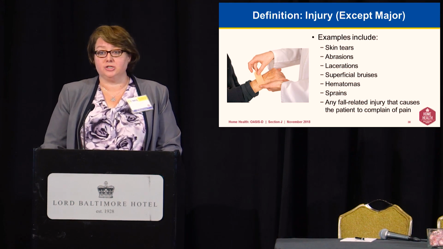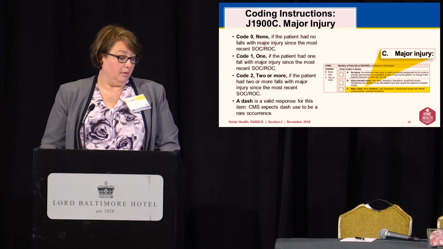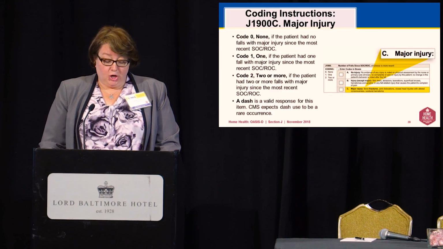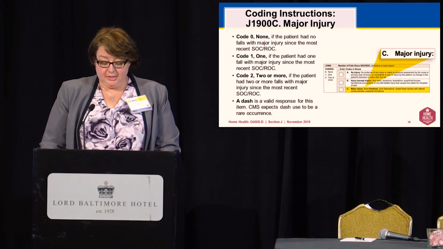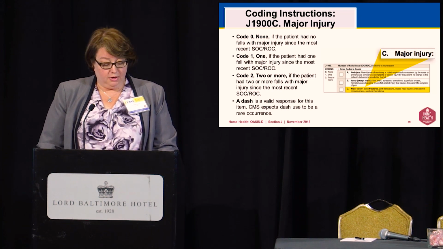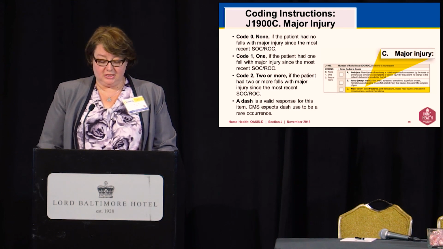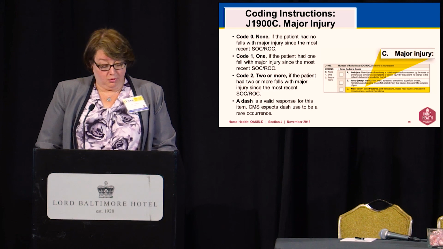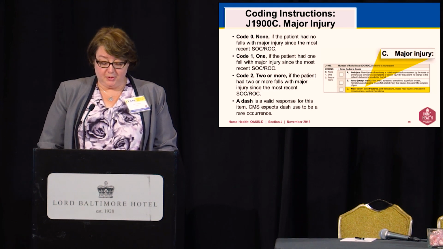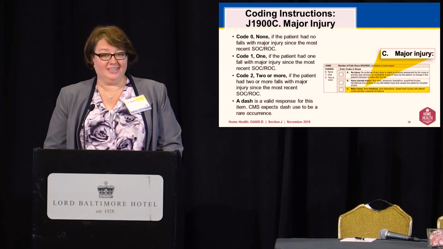Let's look at the coding instructions for J1900C, major injury. You're going to code 0, none, if the patient had no falls with major injury since the most recent SOC/ROC. Code 1, if the patient had one fall with major injury. Code 2, 2 or more, if the patient had two or more falls with major injury since the most recent SOC/ROC.